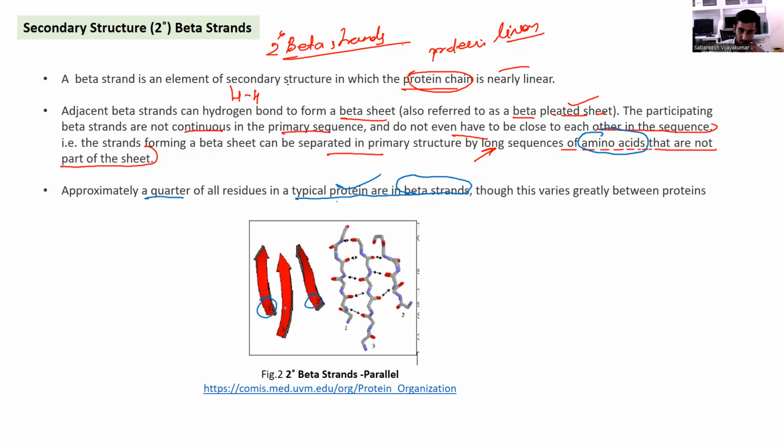So you can see how they are arranged. The figure shown is a parallel type. They are connected in this manner, separated. The protein chain is nearly linear. That can be observed like this.